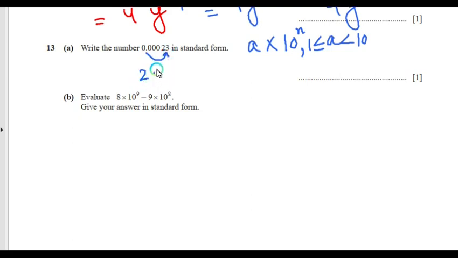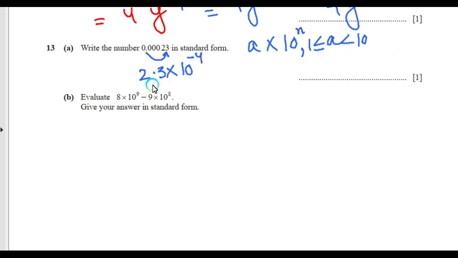So it becomes 2.3. Now we have to count the number of digits between the original position of the decimal and the present position of the decimal. So there are 1, 2, 3 and 4 digits. Since we have shifted this point 4 digits forward, the negative power should be written.